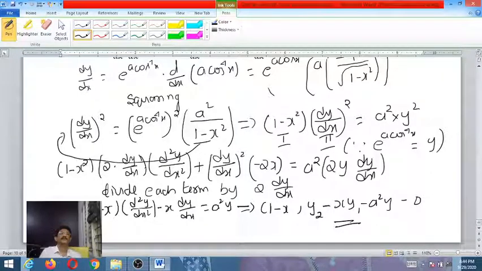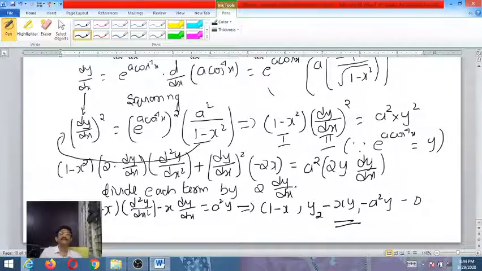So again I will explain it. Squaring both sides, dy by dx becomes dy by dx whole square, e power a cos inverse x whole square, a square here, cross multiply, apply the product rule: first into the derivative of second plus second into the derivative of first. a square is a constant, and the derivative of y square with respect to x is 2y into dy by dx.